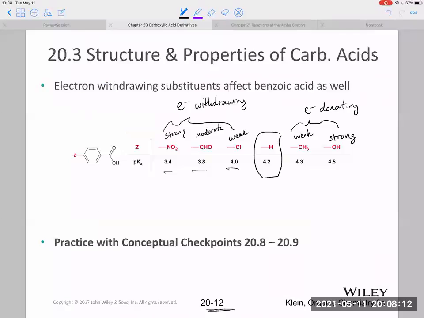If you're talking about chapter 20, it'd be slide 12, which covers all these different benzoic acid derivatives. The bottom line is if there's an electron withdrawing group on there, it makes a stronger acid because you stabilize that carboxylate group. If it's electron donating, you're destabilizing that carboxylate ion, making it a worse acid.